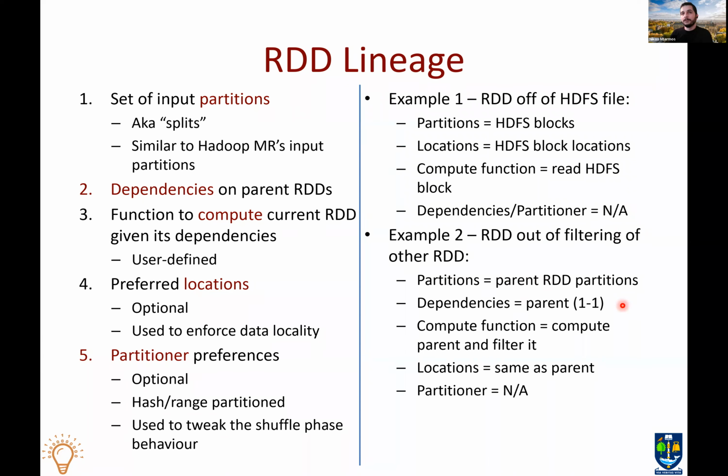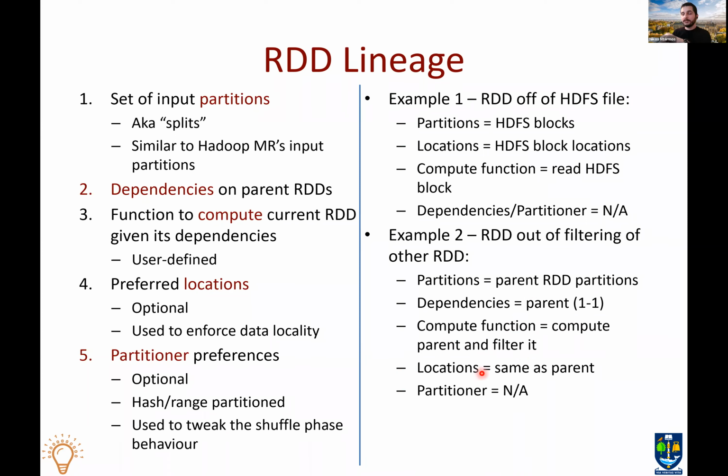So we have as many partitions as there are partitions in the parent, and every partition in the child corresponds to one partition in the parent. The function that we apply to the parent partition to produce the child partition is: do whatever you need to do to produce the parent, and then apply the filter operation on it.